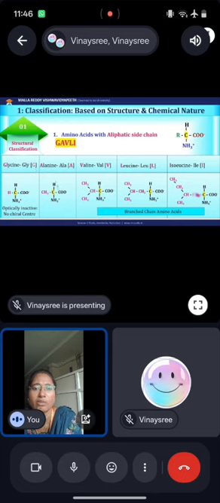And coming to the second one, alanine, instead of R, CH3 is present, so we can call it alanine. And coming to the third one, valine, you can see the side chain here.